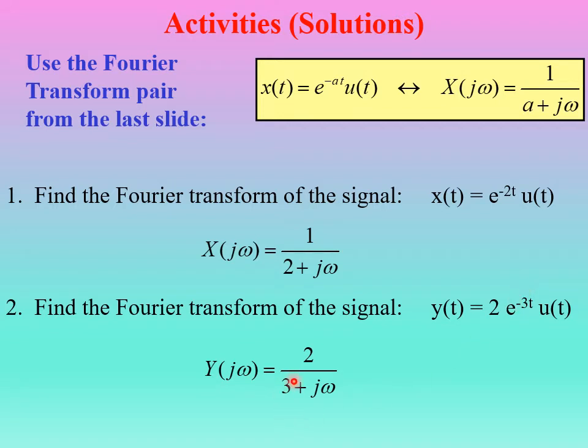Okay, so that's going to give us the 3 down here. And this 2 out in front is just a coefficient, and so that's just going to give us a factor of 2, which I'm going to put up here. The other thing I should mention here, hopefully you caught this, is this signal is not called x of t, it's called y of t. So for our Fourier transform, we're going to want to use an uppercase Y, not an X like this first one.